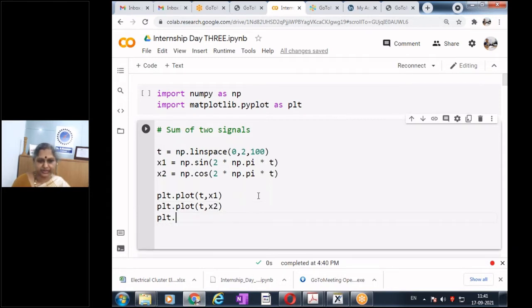And the third signal is plt.plot of t comma x1 plus x2. Please try and let us see what result we get. We are just trying to do the sum of two signals.